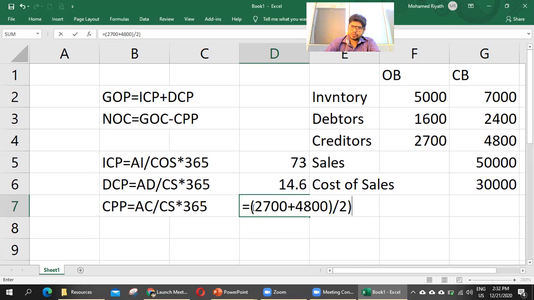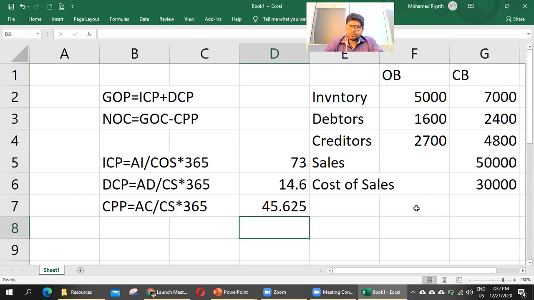This value should be divided by cost of sales, that is 30,000, and multiplied by 365 days, and we get 45.625.